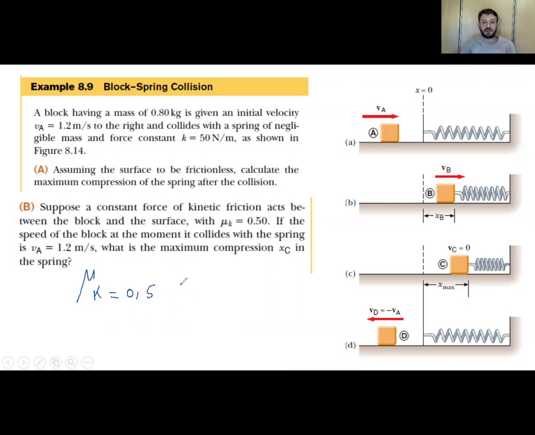If the speed of the block at the moment it collides with the spring is VA equals 1.2 m per second, what is the maximum compression XC in the spring?